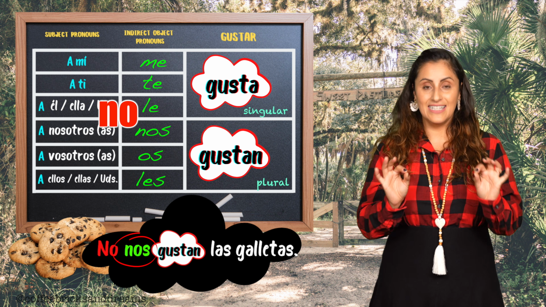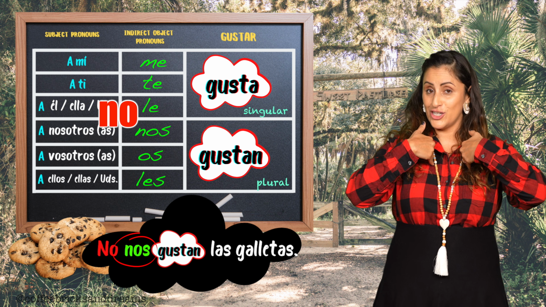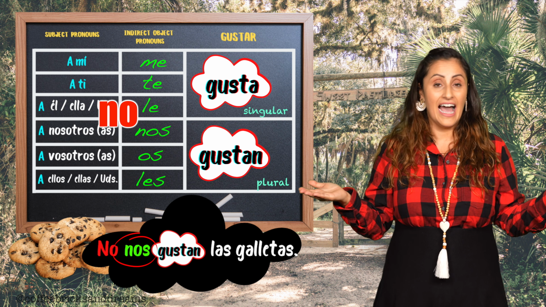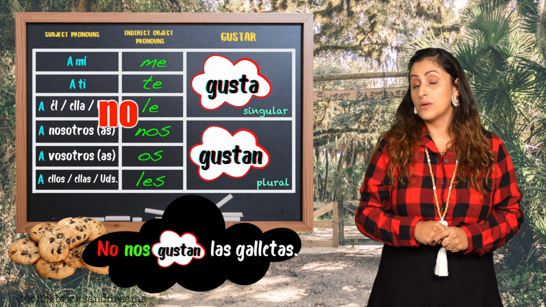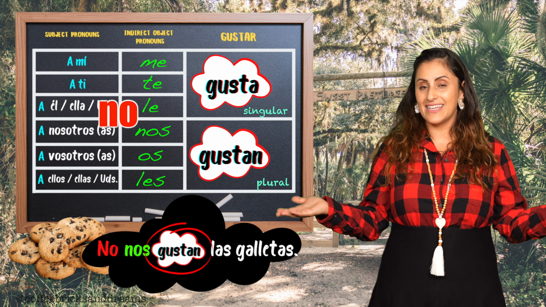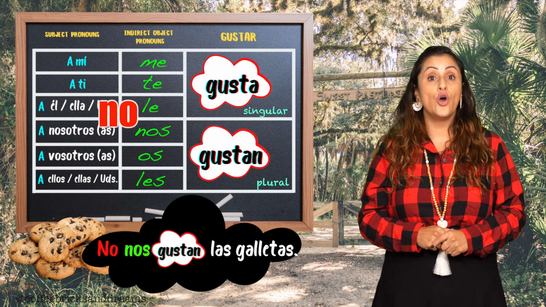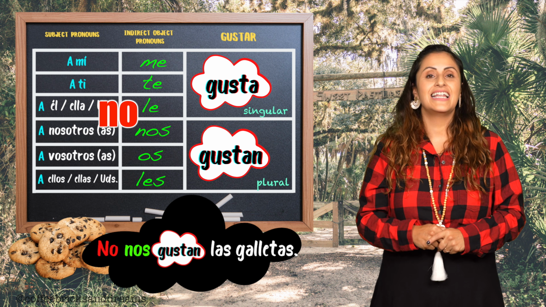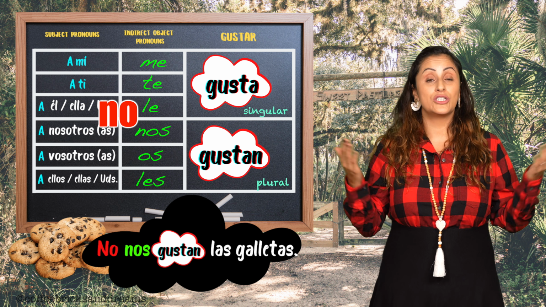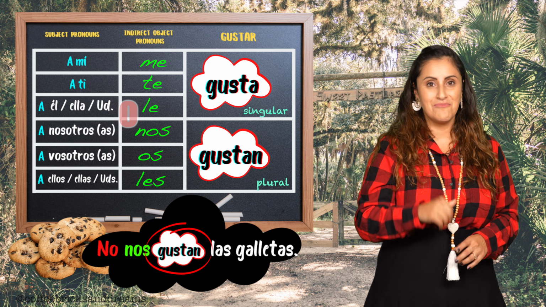Again, that indirect object pronoun is based on who is receiving the action or who is liking the item. But the form of the verb gustar is based on how many things we like. So let's look at that example again. "No nos gustan las galletas." And we chose gustan because we have more than one galleta, more than one cookie.